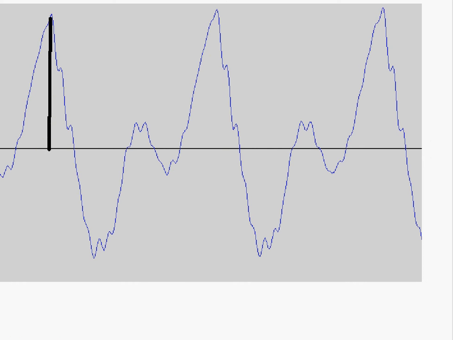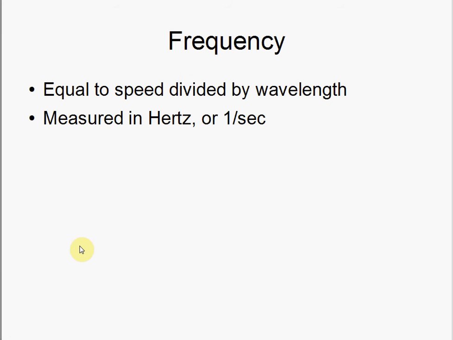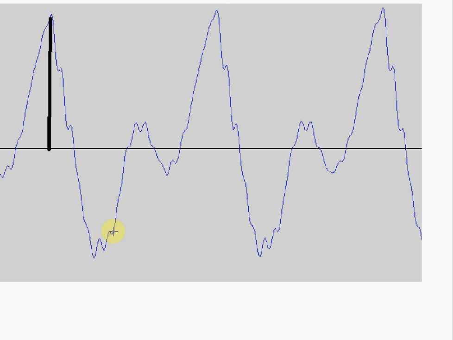And the final, just as important feature of sound is frequency. And frequency equals the speed of a sound divided by the wavelength. Now, wavelength is the length from the two crests here between the two waves. The crest is the top of the wave and the trough is the bottom of the wave.